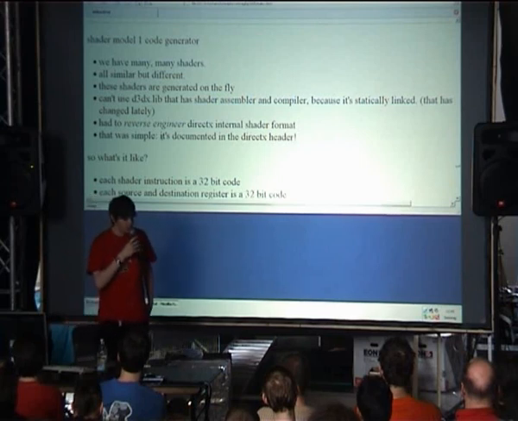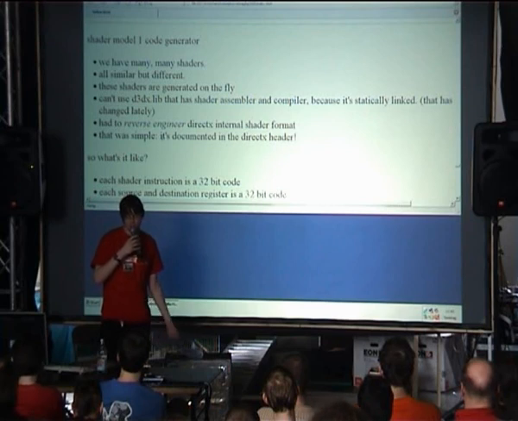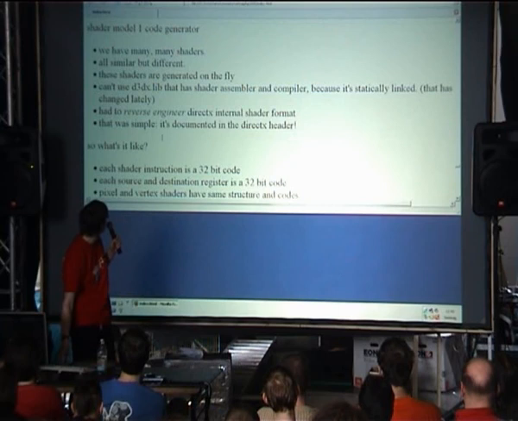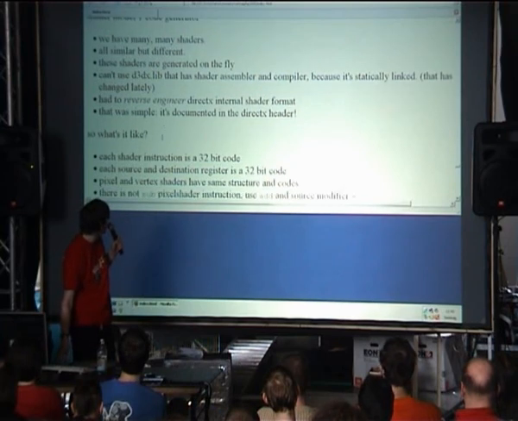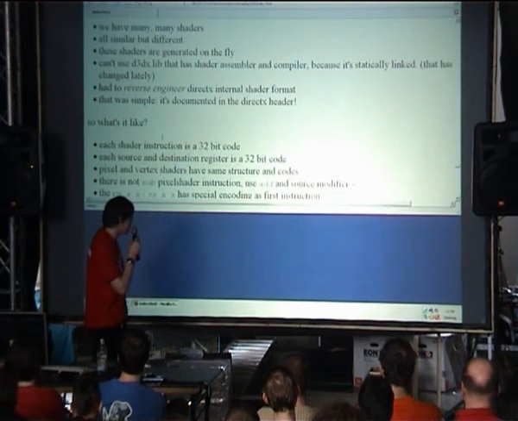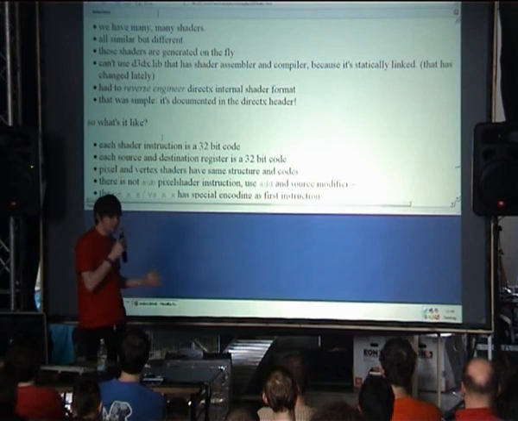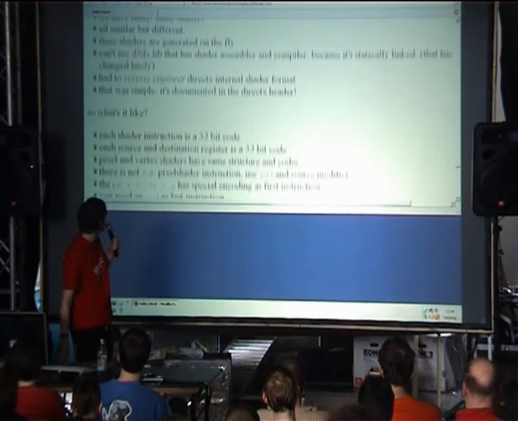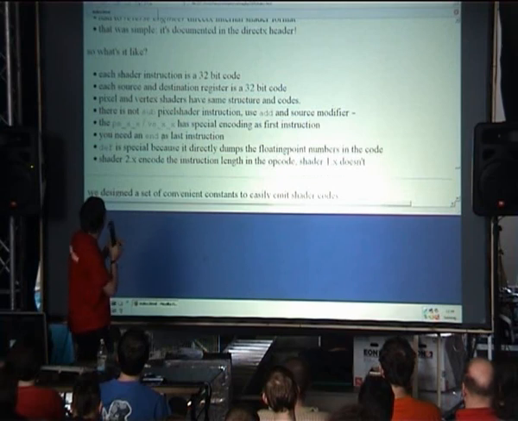What we came up with was just writing out the Direct3D shader format directly, because actually what you pass to create vertex shader or create pixel shader is a direct translation of what is in the text file. Every 32-bit word in the shader instruction corresponds to 1 token in the text file.